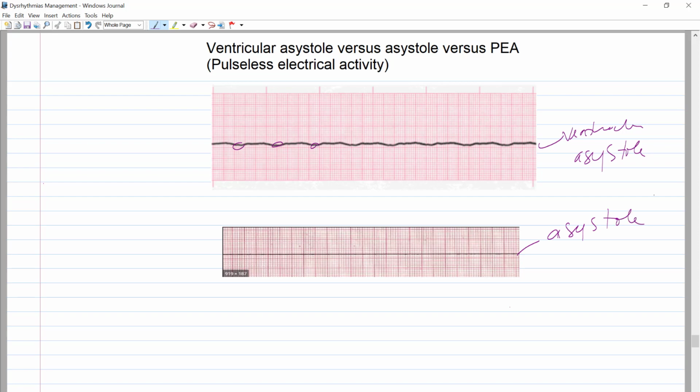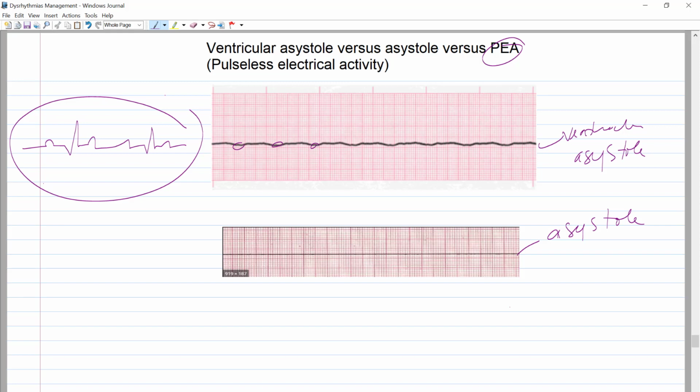While PEA stands for pulseless electrical activity. It means that your patient doesn't have a pulse, but in the monitor you can see that they have a rhythm, and that is pulseless electrical activity.